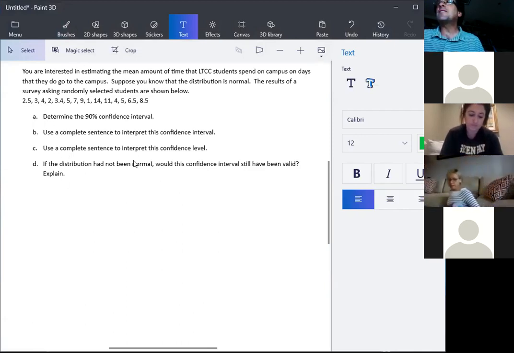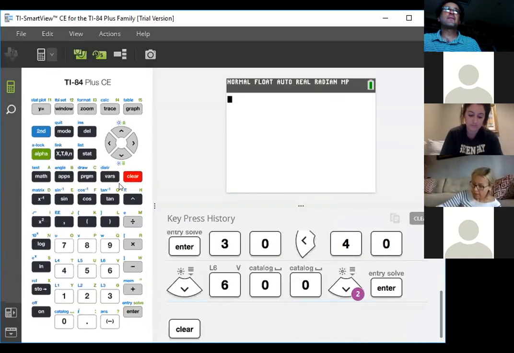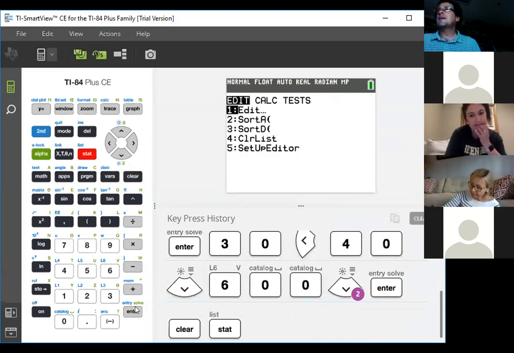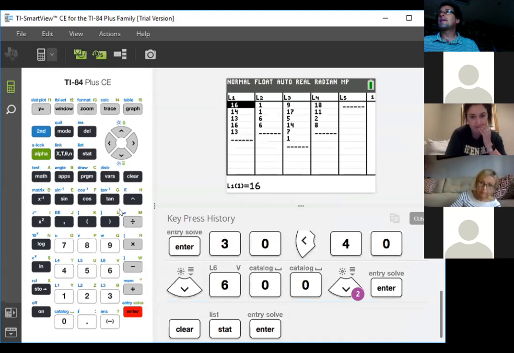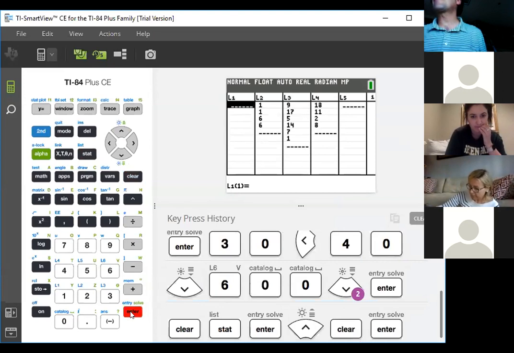So the first thing we can do is jump right to our calculator. I'm going to share my calculator screen. What I'm going to do is go to Stat, Edit, and put my data into L1. So I go to L1, clear, and enter.